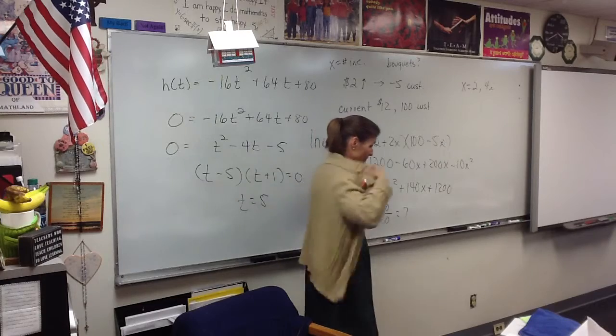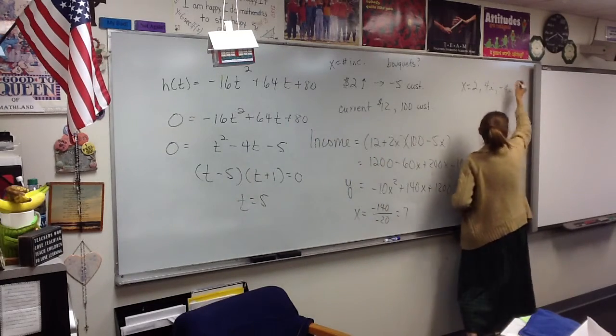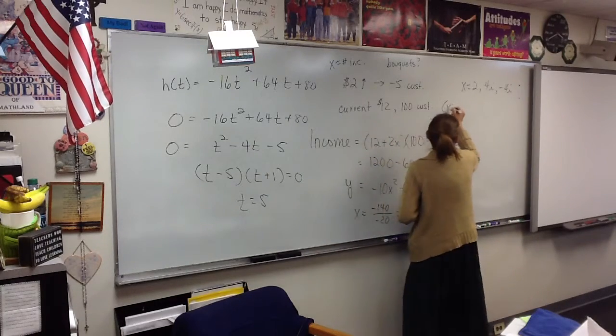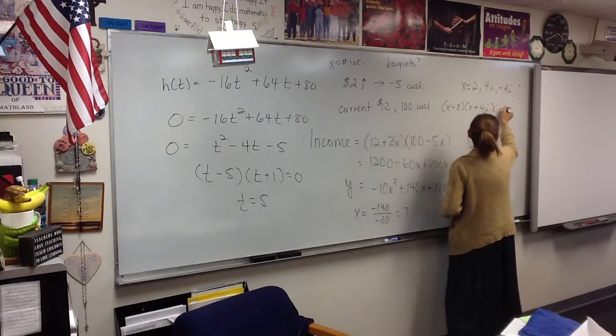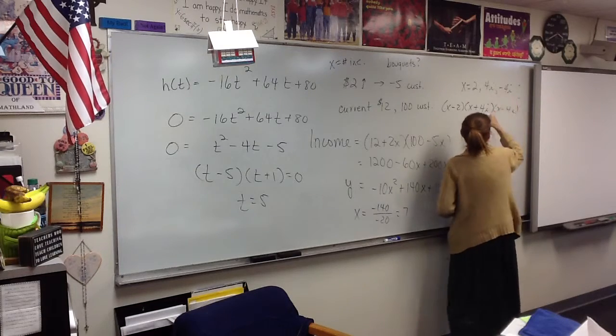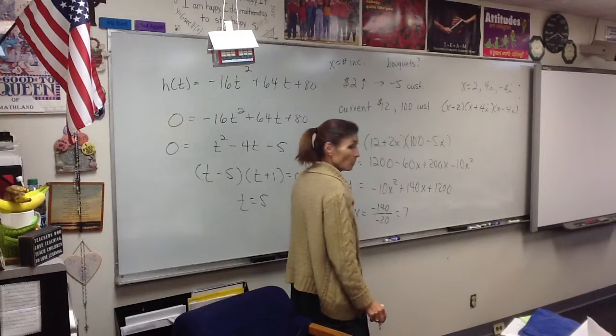Since there's a 4i, there has to be a -4i. Perfect. So it'd be (x minus 2)(x plus 4i)(x minus 4i). The order doesn't matter. And then what?